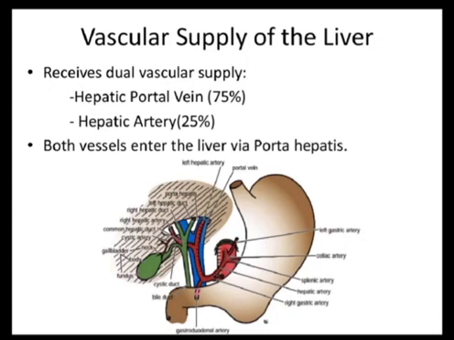You can see the hepatic portal vein which brings 75% of the blood, and the other is the hepatic artery which brings 25% of the blood into the liver. Both vessels enter the liver via the porta hepatis.